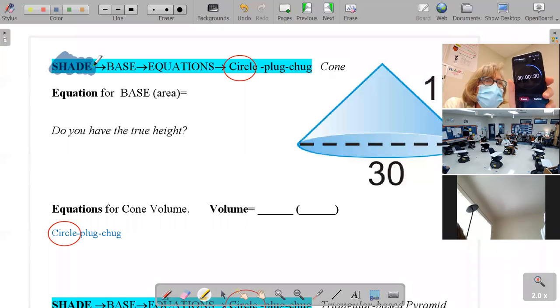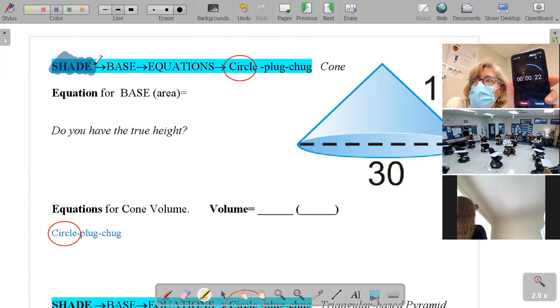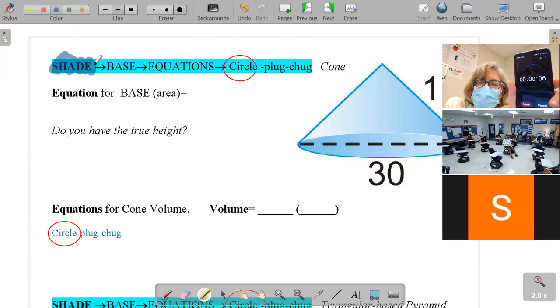Box and label your answers. We're going to go over this in about 30 seconds. If you've gotten stuck, just do the best you can. We will go over this in about 25 seconds. Wait, Miss Way, do we keep it in pi form? Yes. All right. This time, yes.